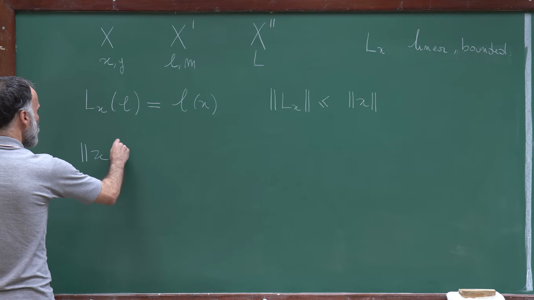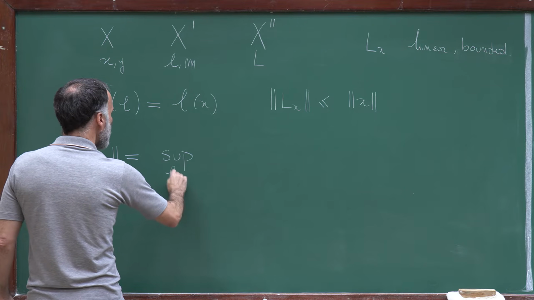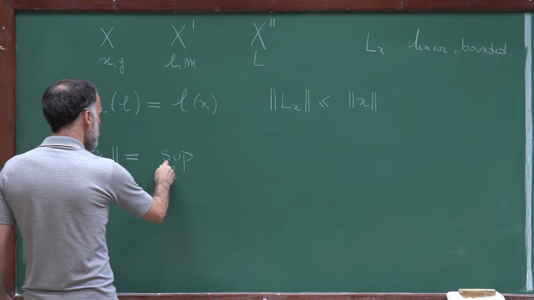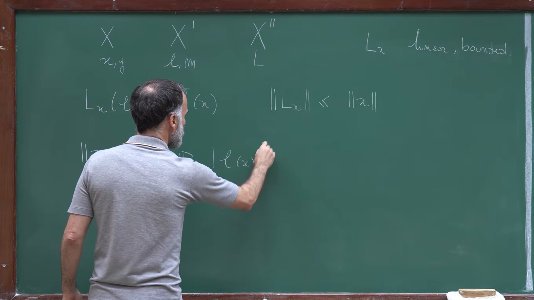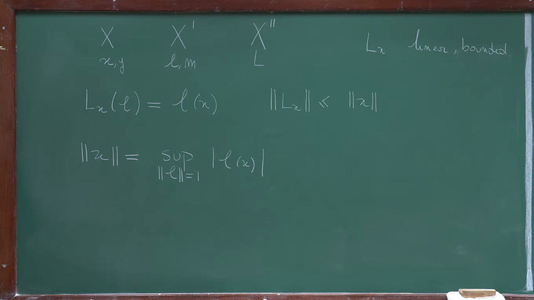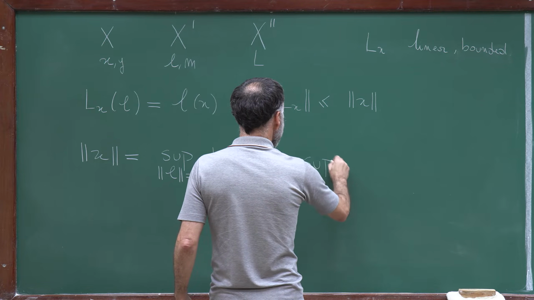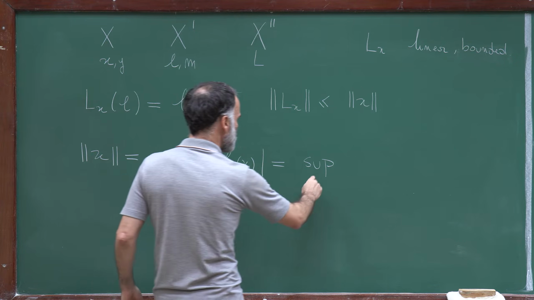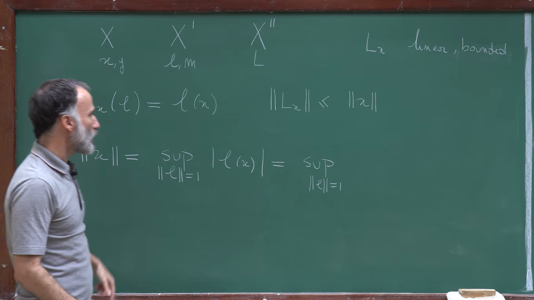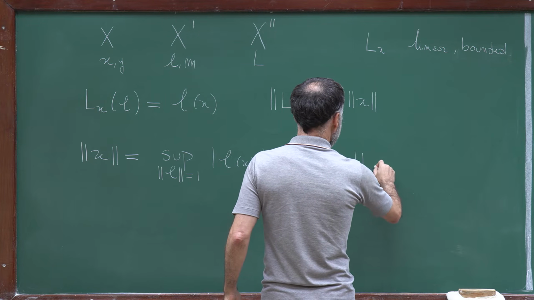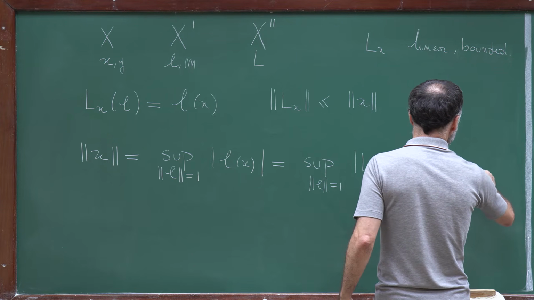We proved that the norm of x is actually equal to the supremum over all bounded linear functionals l whose norm is equal to 1 of |l(x)|. So remember we proved that identity, but this by definition is equal to the supremum over all l with norm equal to 1 of |Lx(l)|, and this is exactly the norm of Lx.